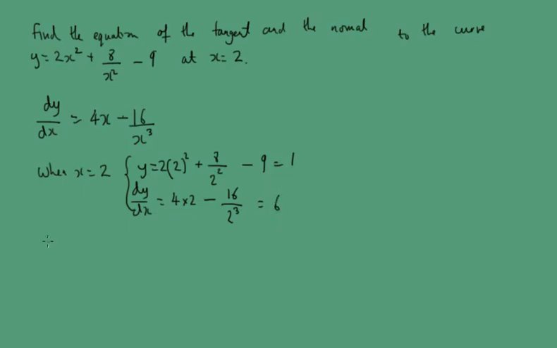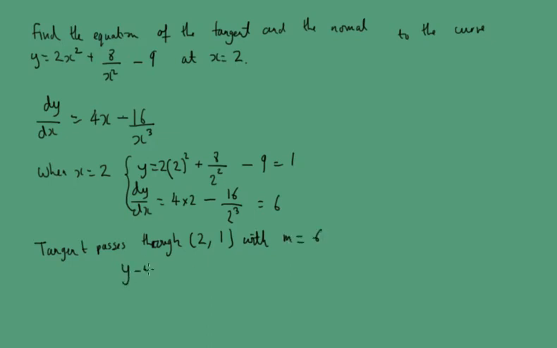So the tangent passes through point (2, 1) with the gradient m equal to 6.